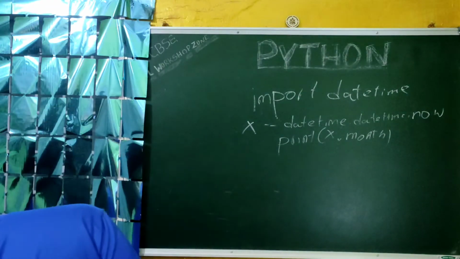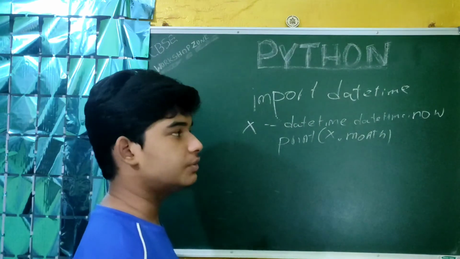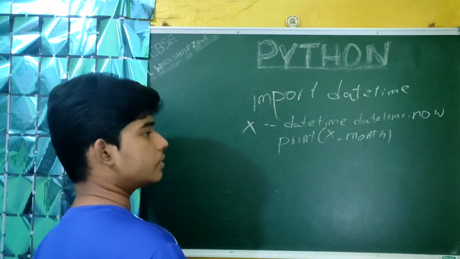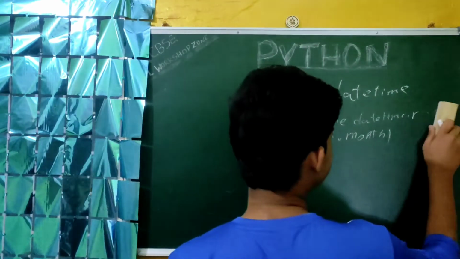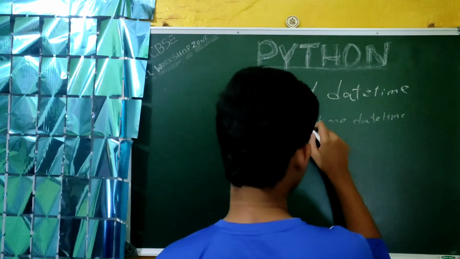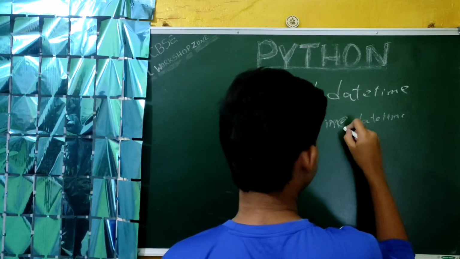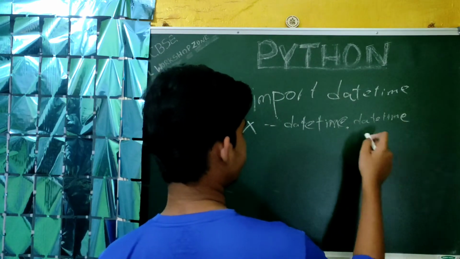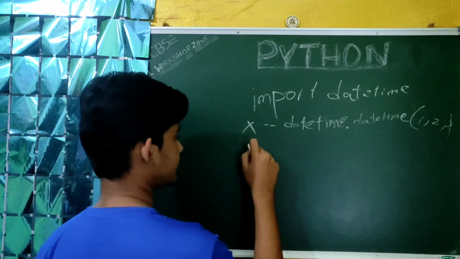So now, let's say that you want to write your own code. Imagine you want to create your own time for some reason. Now what you can use is datetime.datetime, and then in brackets you can put something like 1, 2, 3, and then print x.